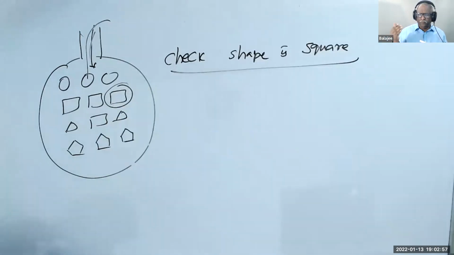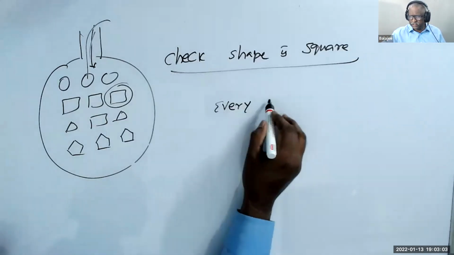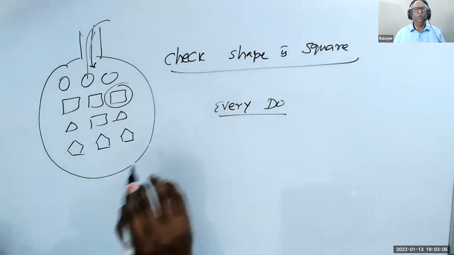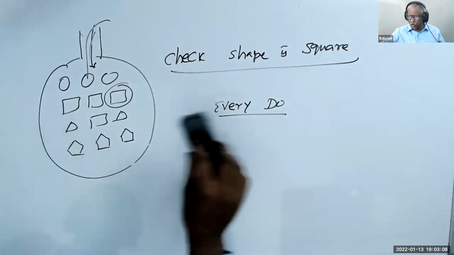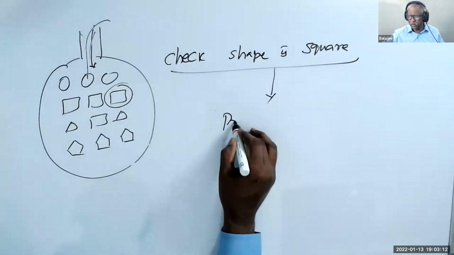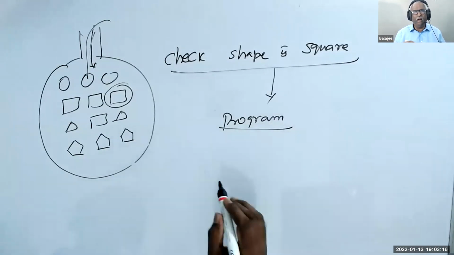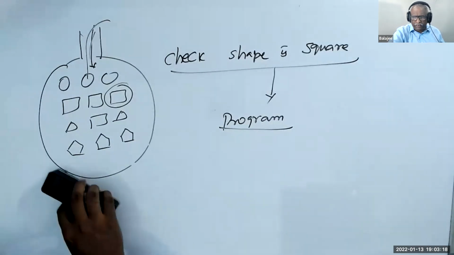The trick is that we do this every day. Please understand, we do these things every day. But the only issue is how to convert this into a program. And let me give you a small hint today also.